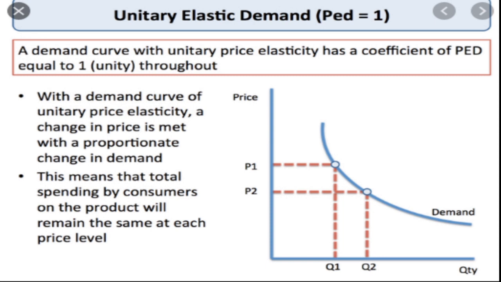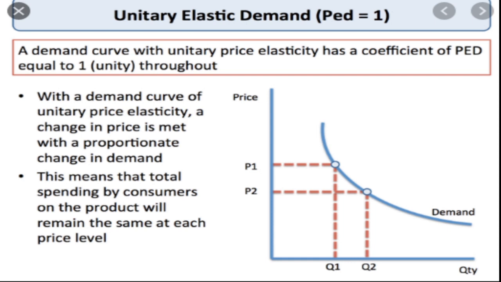Now we will see the unitary elastic demand. So unitary elastic demand is if a proportionate change in price leads to equiproportionate change in quantity demanded, then we can say this is unitary elastic demand.